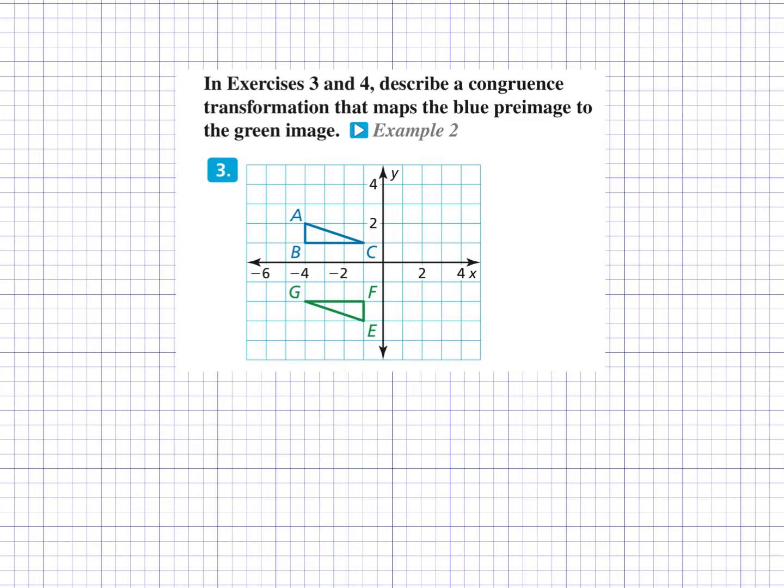Okay, so we have to do quite a few transformations here, two really. If you reflect in the y-axis, this will put your picture over here, okay, and A prime's over there.